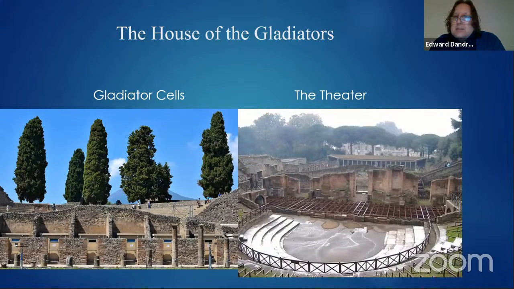Around 62 AD, there was an earthquake, and after 62, the theater was incorporated into the training facility for gladiators. And so that space that you see there that is wet and covered in water is an area in which gladiators would also practice, as well as the stage itself.